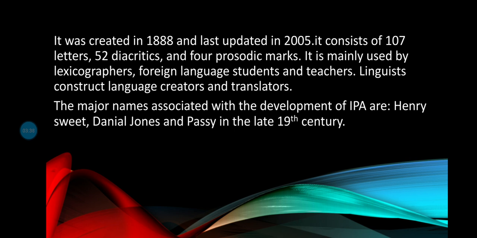Even linguists who work on the formation of language or learning of language in a scientific way also need to learn this IPA. And majorly the names associated with the development of IPA are Henry Sweet, Daniel Jones, and Passy, who worked in the late 19th century. So that was all about IPA.